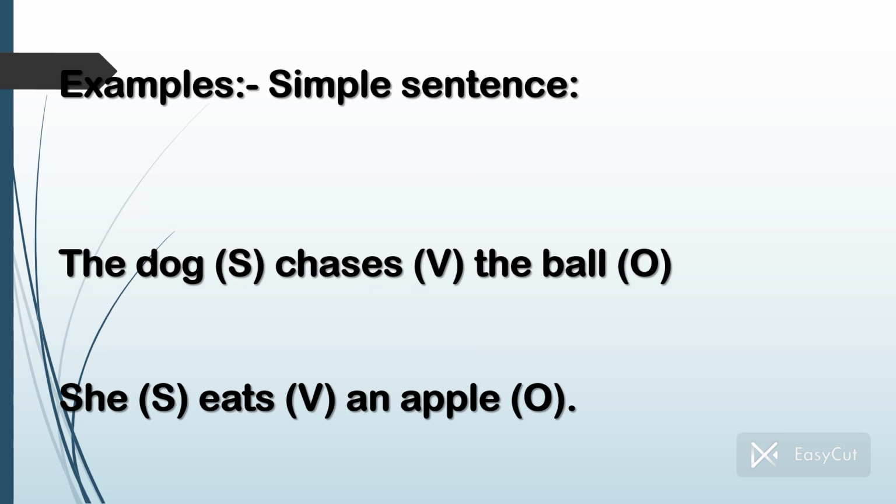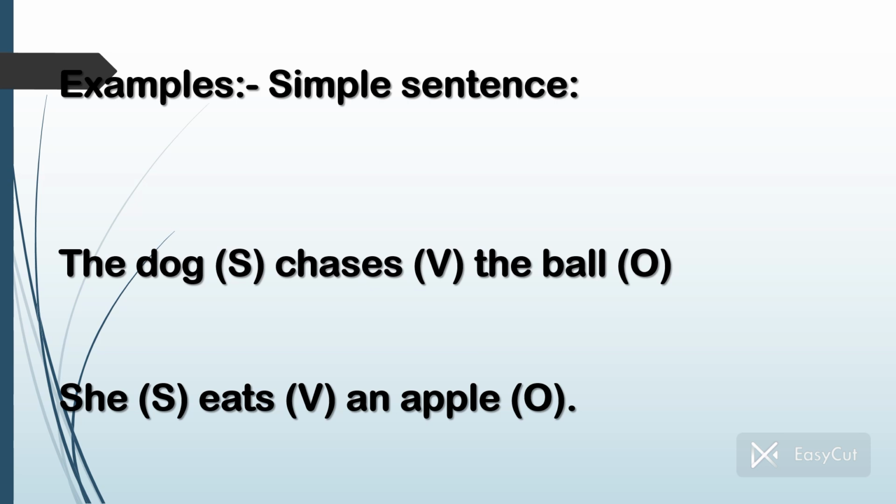Subject, verb and object. Similarly, let's discuss another example. She eats an apple. In this example, we have she. She is subject. So in the first definition of subject, we have discussed that it is either a noun or a pronoun, and in this case we have a pronoun as subject. She is pronoun.